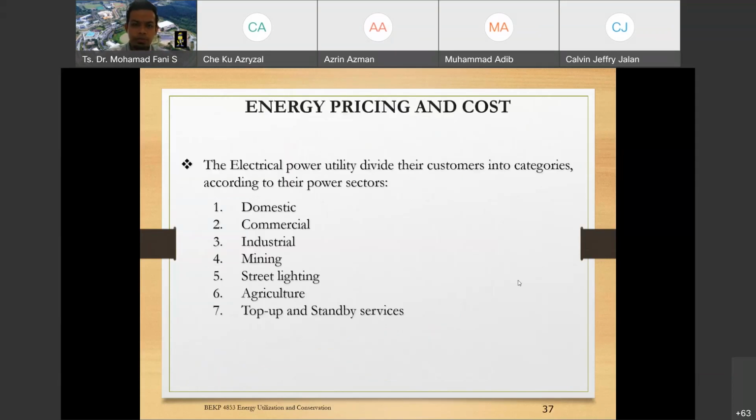So energy pricing, what are the types of consumer categories that have been considered in our power sector? Okay, we have domestic, especially residential consumers, and for the short lot we consider it as one of the low voltage for commercial.